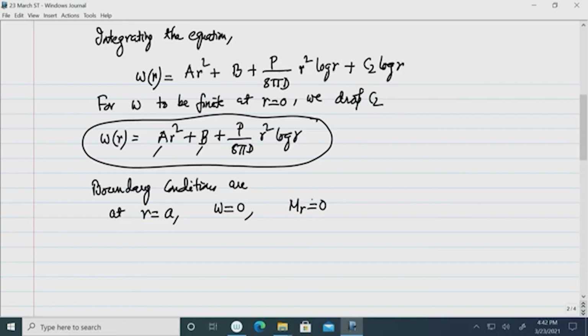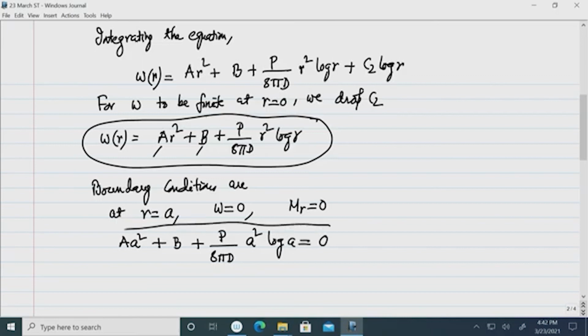There is the radial moment equal to 0. So, first condition gives this: A a square plus B plus P by 8 pi D a square log a equal to 0. So, this is one equation after applying the boundary condition.